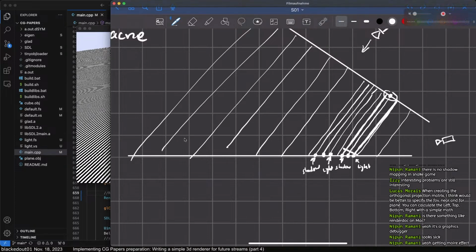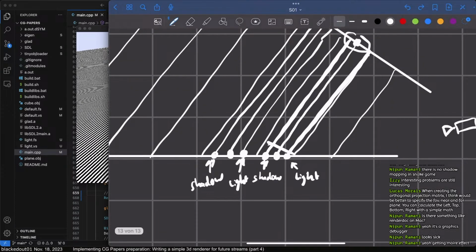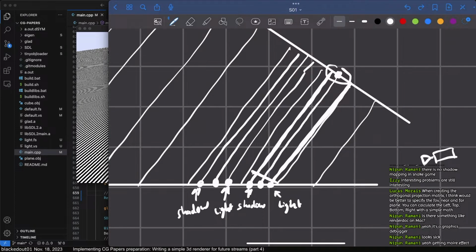So we then have these repeating patterns, which are very ugly. And to fix this, some people just use an offset. So when they sample this, for example, they increase the length of the texel that is stored by a bit, so that everything on this depth range would be in light.